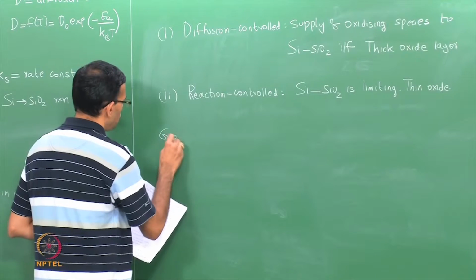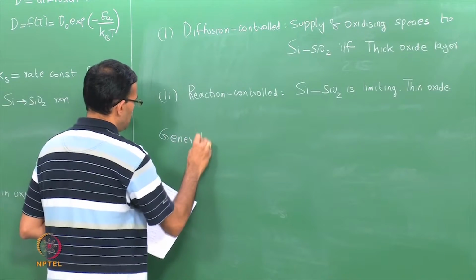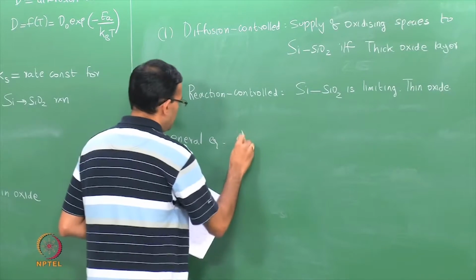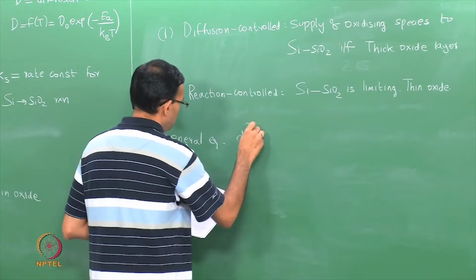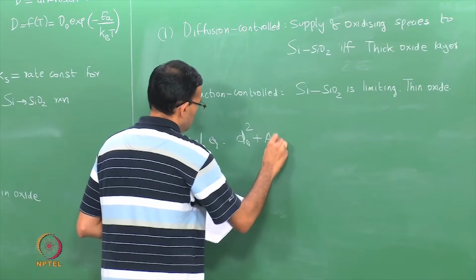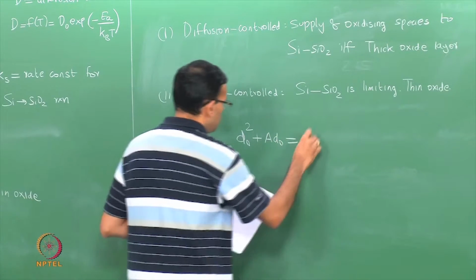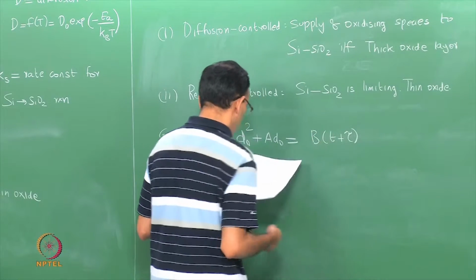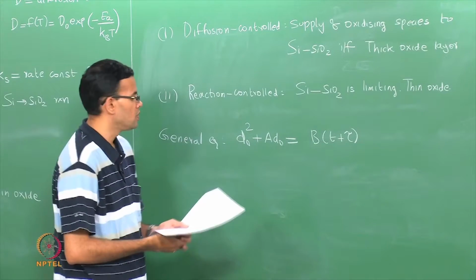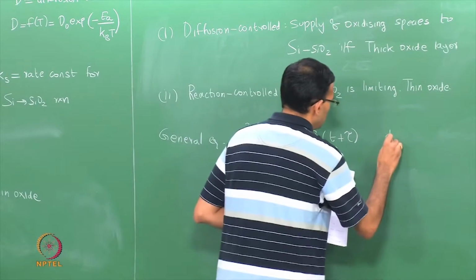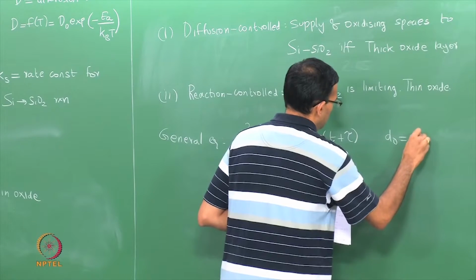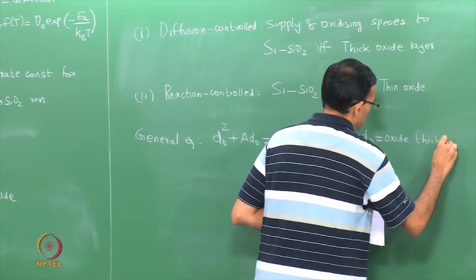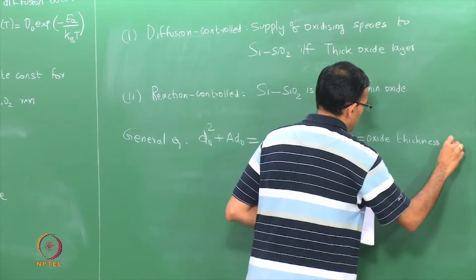So, the final solution, I will just write the general equation, will not go through the steps, relates the thickness d naught to the time. A, B and tau are some constants. So, d naught here is the oxide thickness at time t.